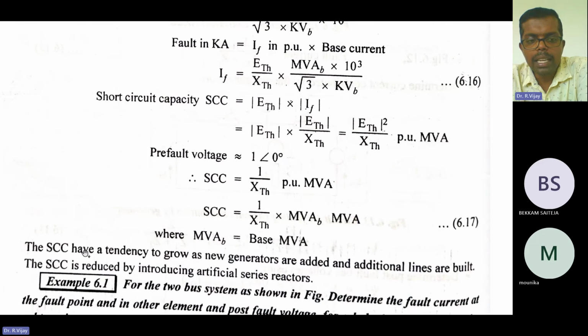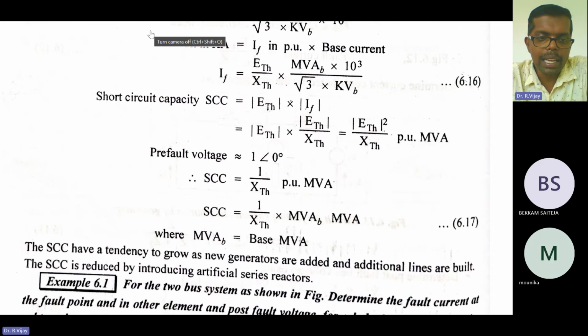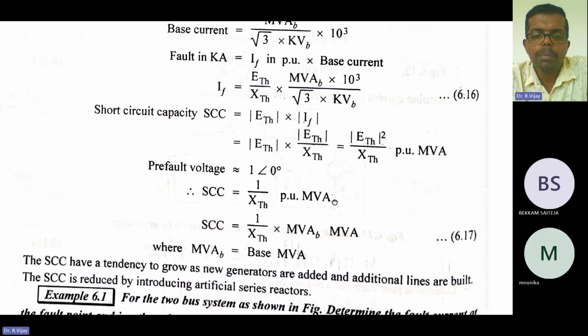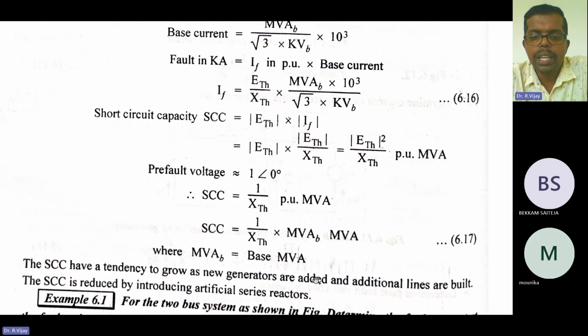The SCC has a tendency to grow as a new generator is added. Why are we calculating short circuit capacity? Say, for example, some new generator is added, and additional lines are also built, so you can easily do this calculation. Short circuit capacity is reduced by introducing artificial series reactors.